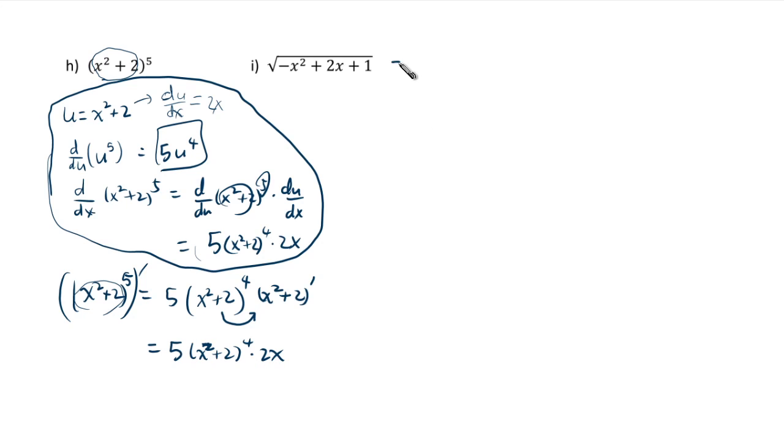Now this one here is negative x squared plus 2x plus 1 to the 1/2 power, prime. So again, it looks similar. This is like u, right? It's the inside function.